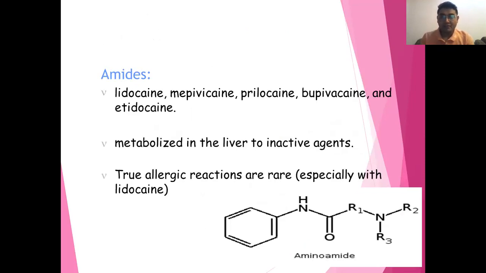But amides are lidocaine, mepivacaine, prilocaine, bupivacaine, and etidocaine, metabolized in the liver to inactive agents. True allergic reactions are rare, especially with lidocaine. So it is a good choice. I think amides are a good choice, better than ester, and we'll talk about the preference in the next slide.